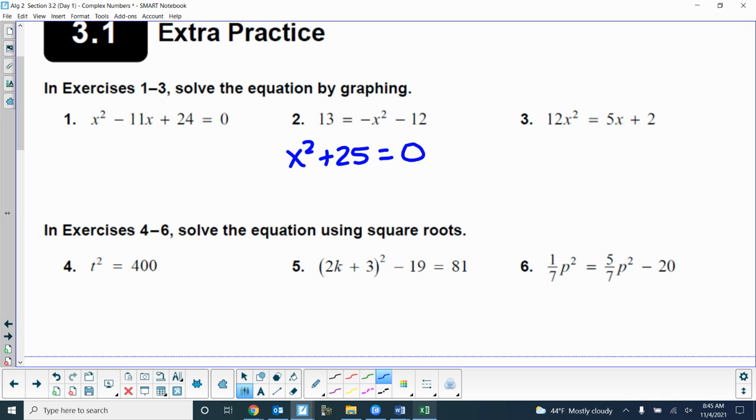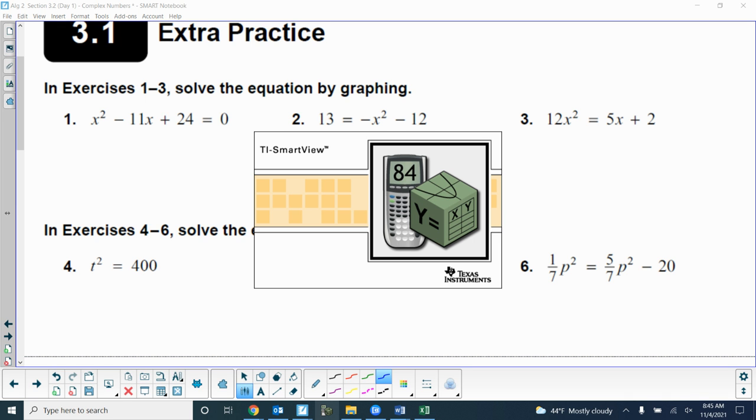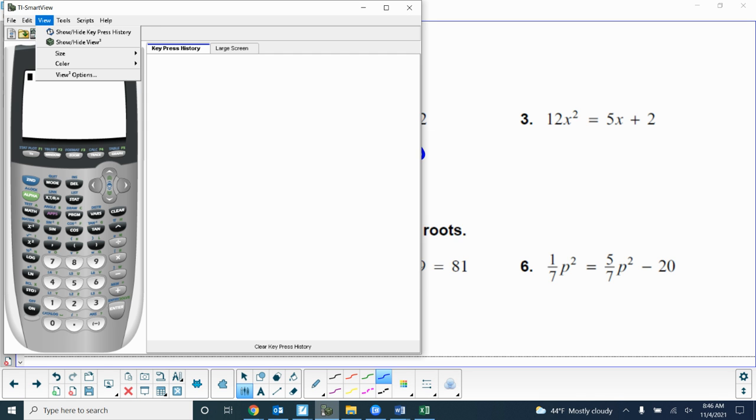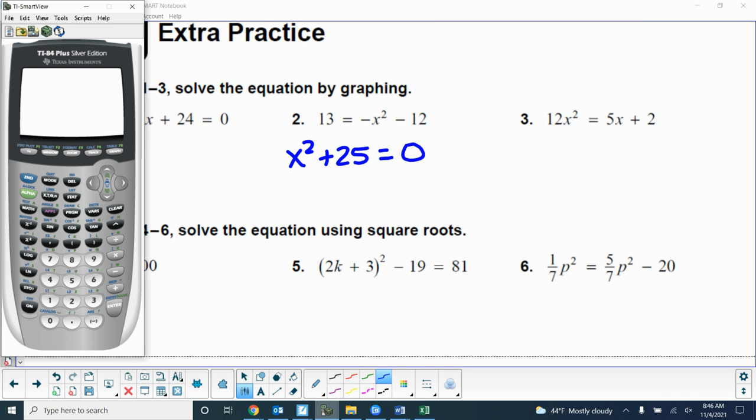All right? Graphing, we said to use our calculator, right? So I go to my y equals and put x squared plus 25, hit enter. When I do it graphically with my calculator, what am I looking for in the answers? Yeah, where the thing hits the thing.